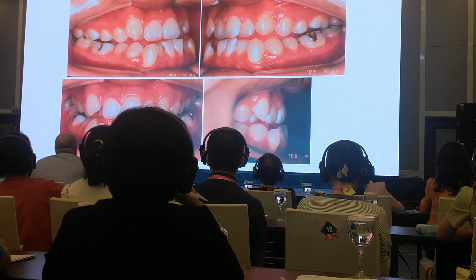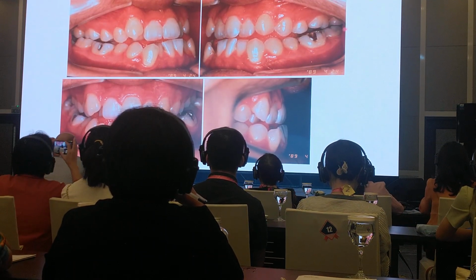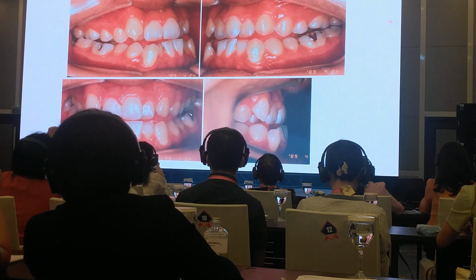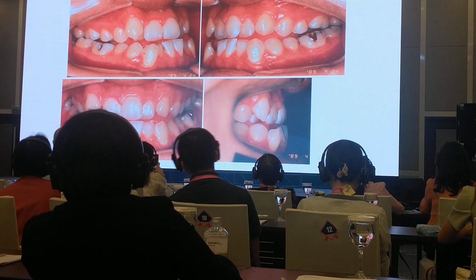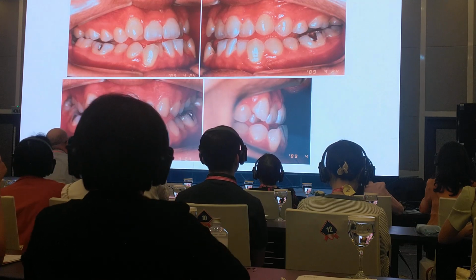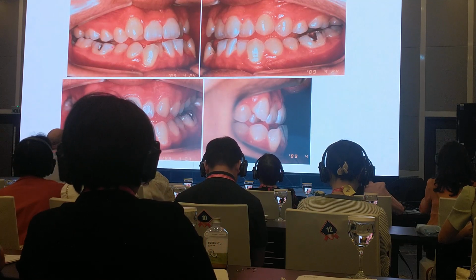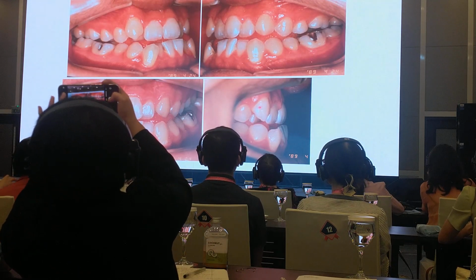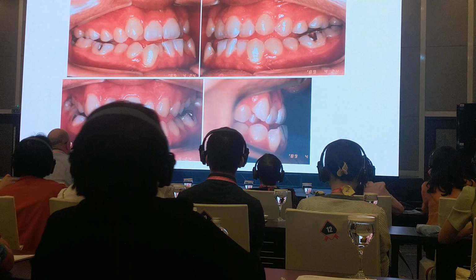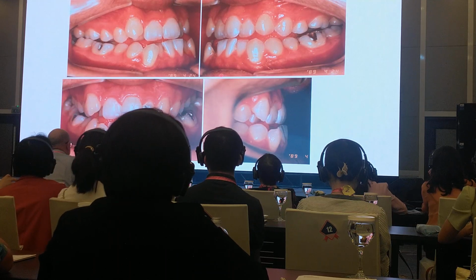Now 19 years old, his occlusion is like this. You know, upper crowding and a reversed curve of Spee or type of the occlusal plane, and anterior bite is open. So this is a common symptom of skeletal class 3.